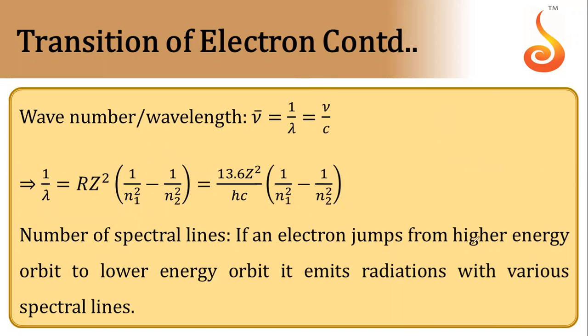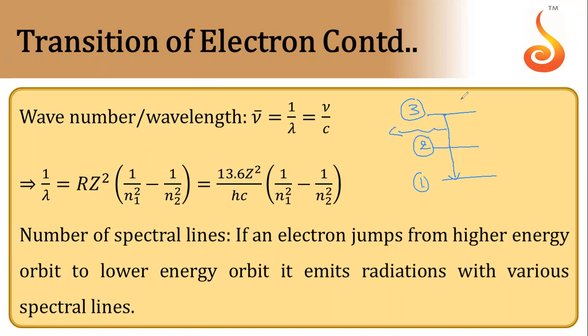When an electron jumps from a higher energy to a lower energy orbit, it emits radiation with various spectral lines. Let's say the electron is moving from the third orbit to the first orbit. There will be a lot of electrons in an atom. If one of the electrons directly moves from 3 to the first orbit, it will emit some photon.